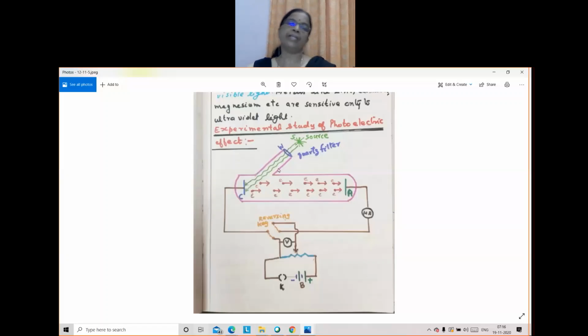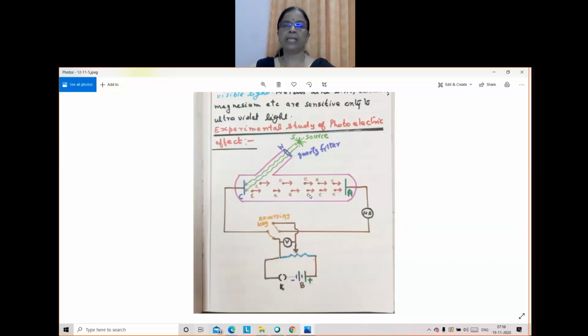When intensity increases, more photons are incident, more electrons are ejected, and all the electrons will reach. Electron flow per unit time, charge by time, that is the photoelectric current. Here it is photoelectric current.